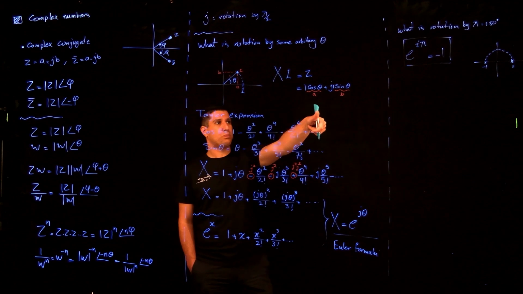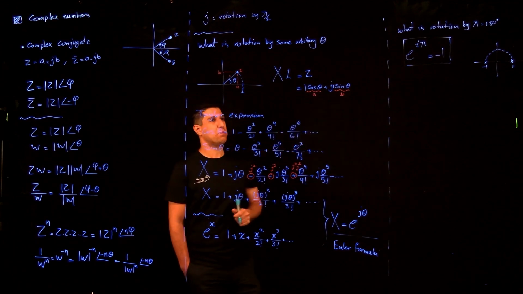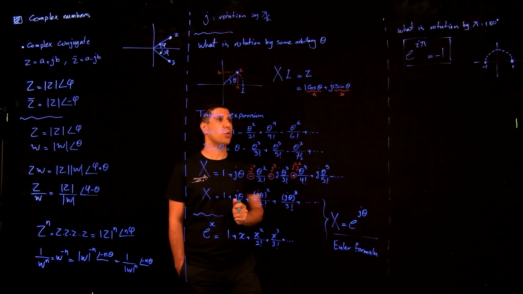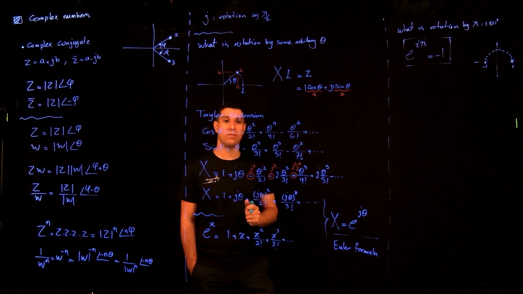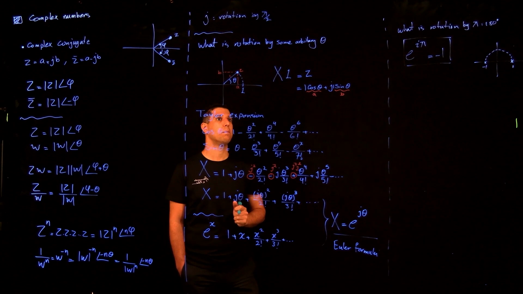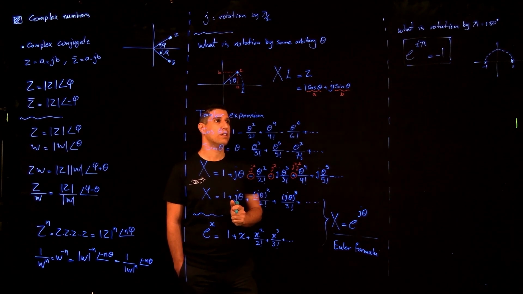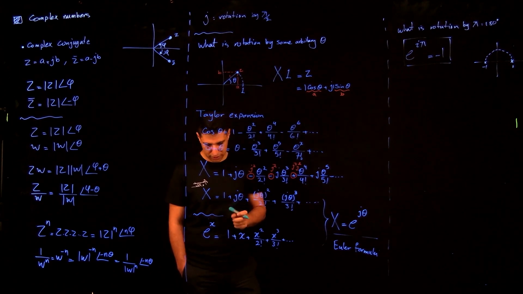That is, in my opinion, the most beautiful equation in the entire math. It's so elegant, and it has a lot of concepts built into it that it summarizes a whole lot of math. Okay, good.